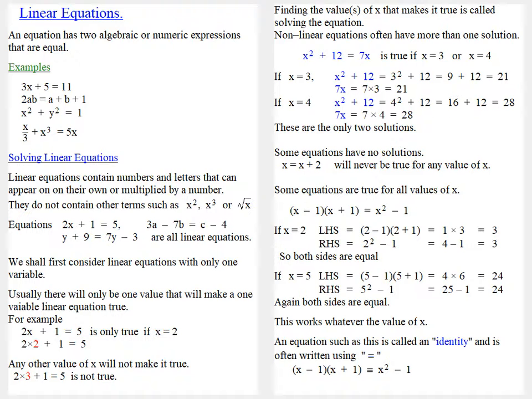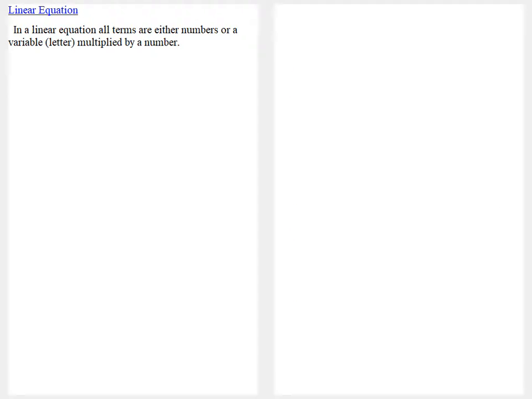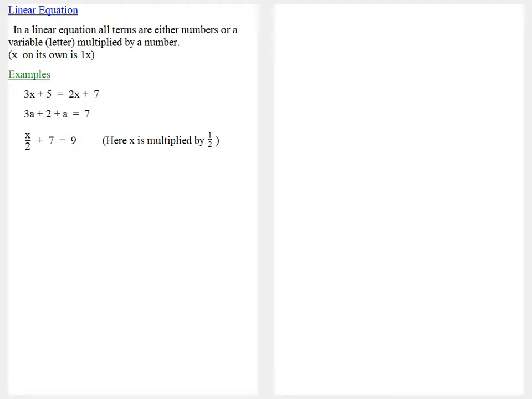Now let's consider some linear equations. In a linear equation, all terms are either numbers or variables represented by a letter multiplied by a number. X on its own is in fact 1 times x. So some examples are 3x plus 5 equals 2x plus 7, 3a plus 2 plus a equals 7, x divided by 2 plus 7 equals 9.